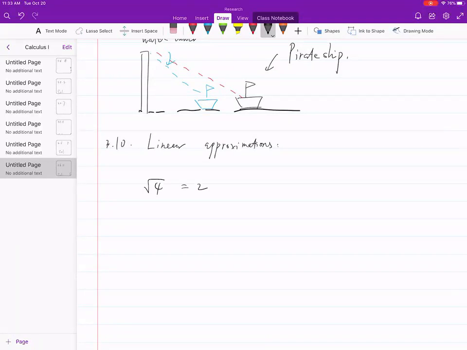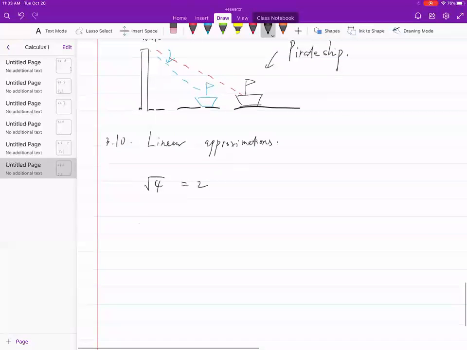Everybody knows? Great. What's the square root of 4.1? Number 1, it's not 2. Number 2, it's not 3. Still okay? It's going to be close to 2.